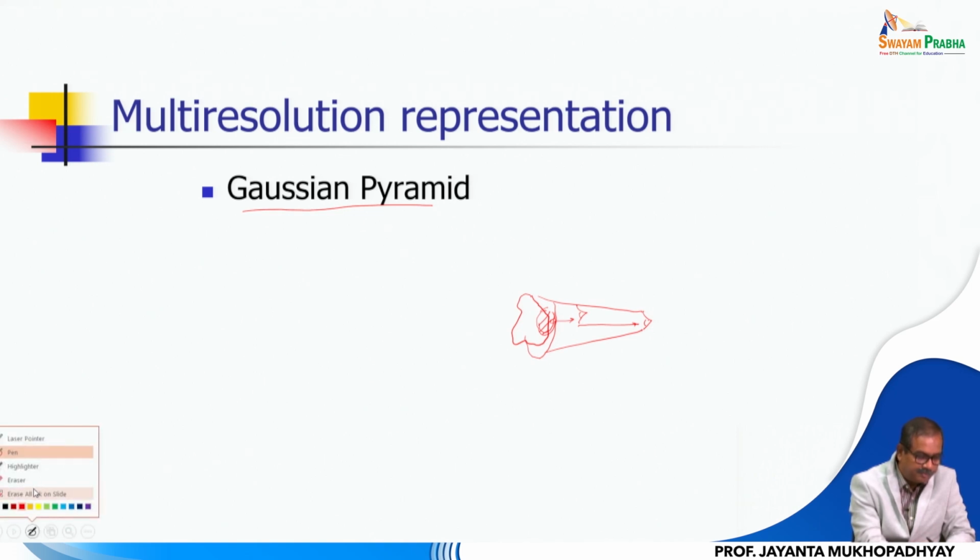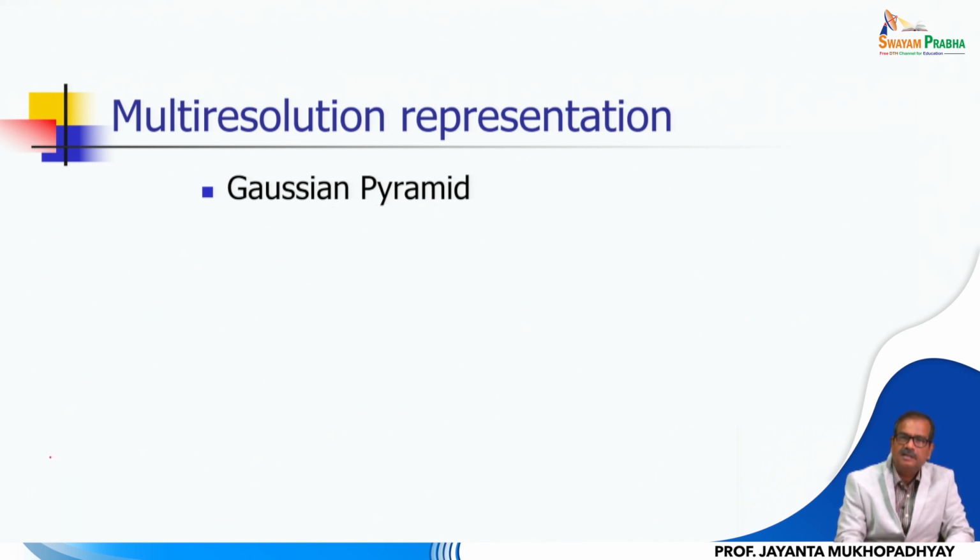So, let me explain this particular representation. The term pyramid comes because we visualize a certain kind of structure for our convenience, and the term Gaussian comes from the following. When you are considering a given resolution of the camera captured image, you cannot increase the resolution, but you can decrease it.